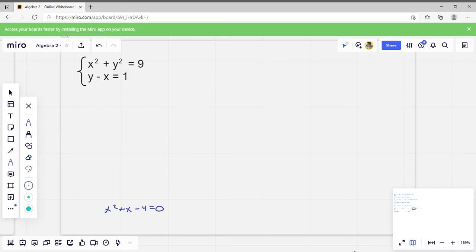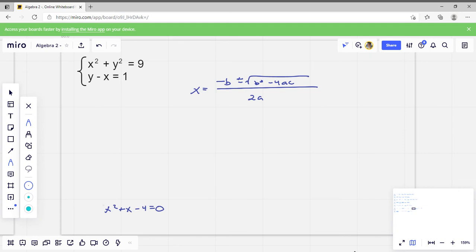It is x equals negative b plus or minus the square root of b squared minus 4ac over 2a. So we just start subbing in these values.